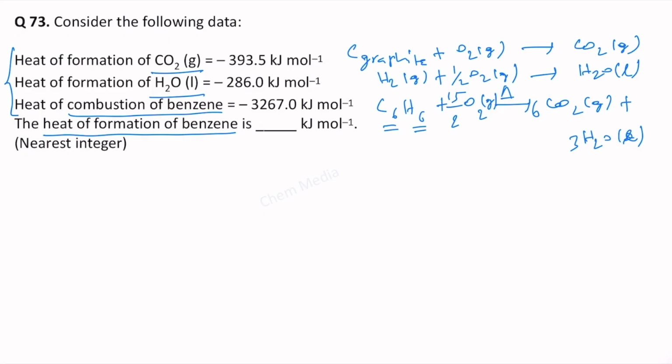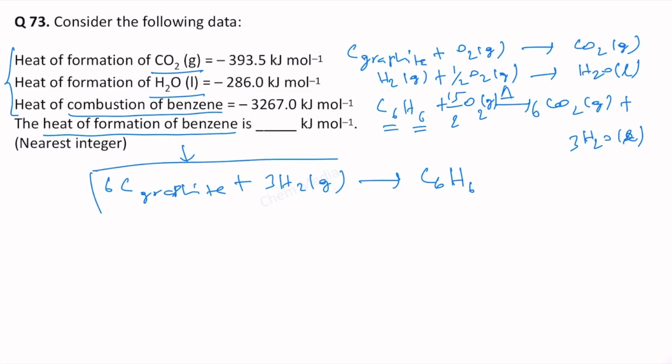For this one also we have the data. For the heat of formation of benzene, what equation can we write? If we say 6 carbons graphite plus 3 H2 gas, that is C6H6.